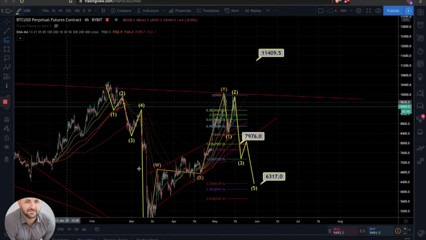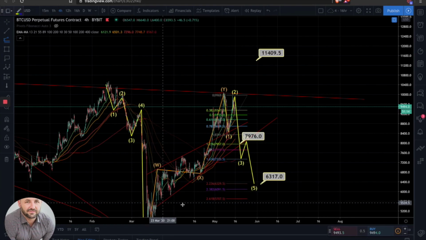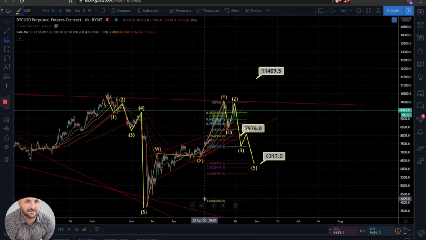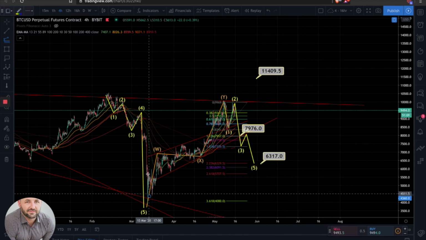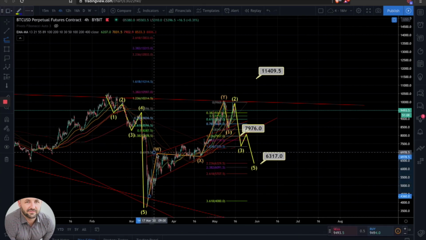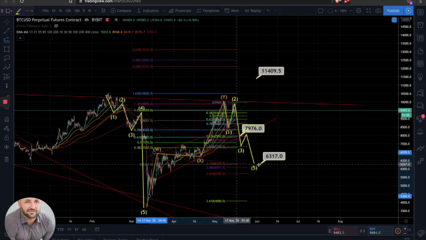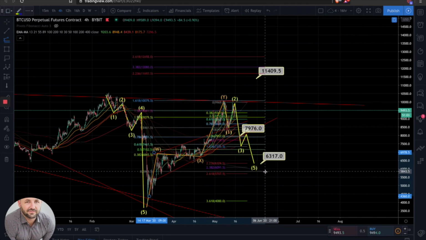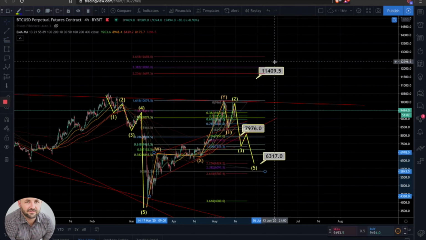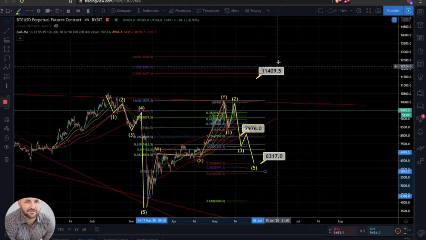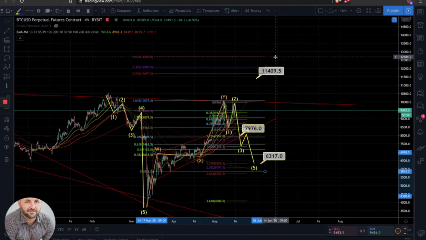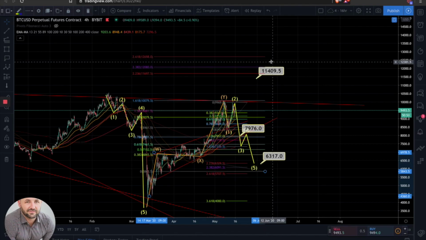Let's repull this for the bull. 12,100, 12,700. So yeah, it would put us right there in that zone for a little bit of an extended fifth wave.